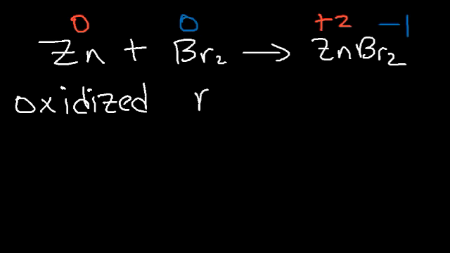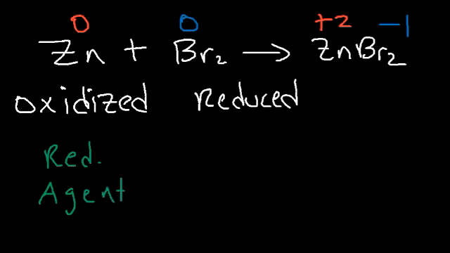So Br2 was reduced. The substance that is oxidized is known as the reducing agent, and the substance that is reduced is the oxidizing agent. Zinc is the reducing agent because it caused the other substance, bromine, to be reduced. Bromine is the oxidizing agent because it caused the other substance, zinc, to be oxidized.